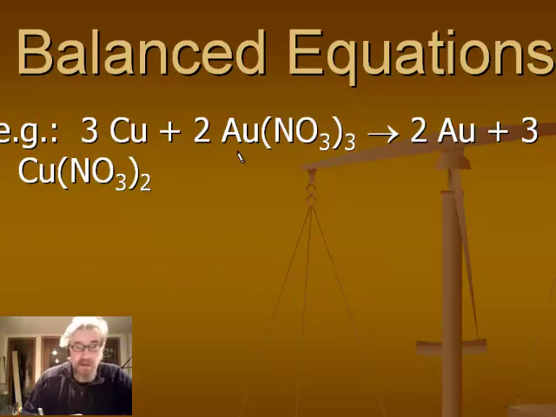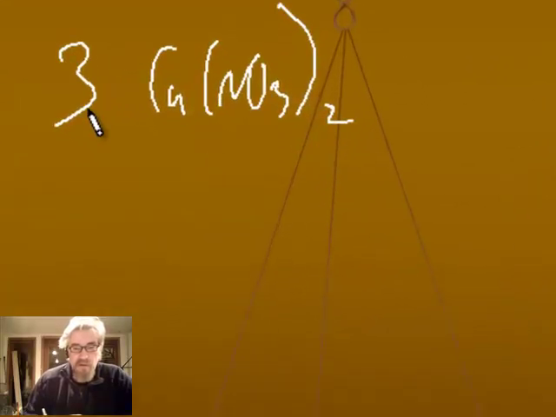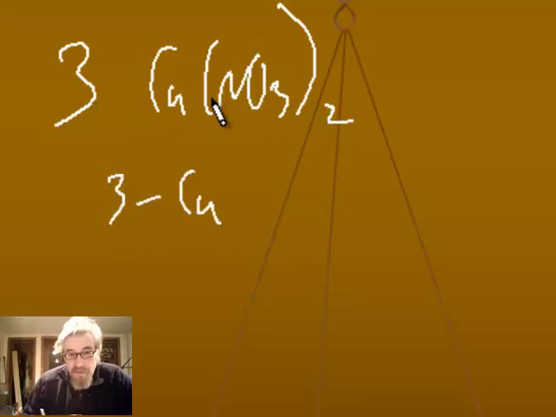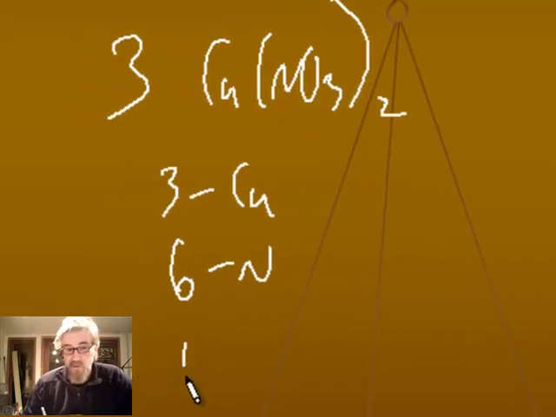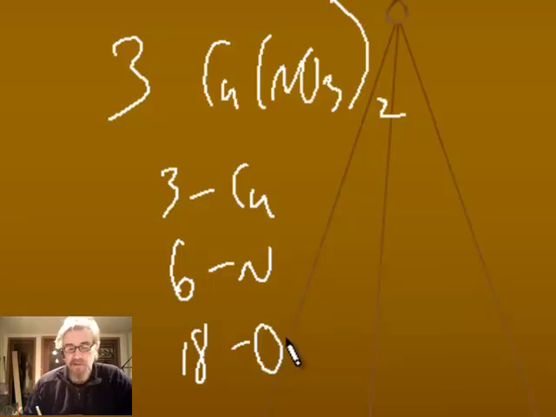Another example, if I'm looking at the copper nitrate here, it's 3Cu(NO3)2. That 3 means 3 coppers. It means 3 times 2 nitrogens. So that'd be 6 nitrogen. And 3 times 3 times 2, which is 3 times 6, or 18 oxygens in this formula.